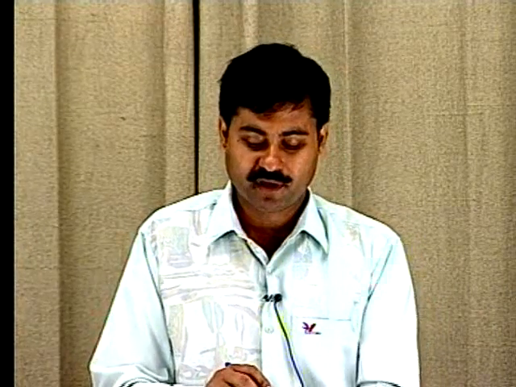Now, given a graph, how to find a minimum spanning tree? How do you find a spanning tree of a graph? So when you say remove non-tree edges, what do you mean by non-tree edges?